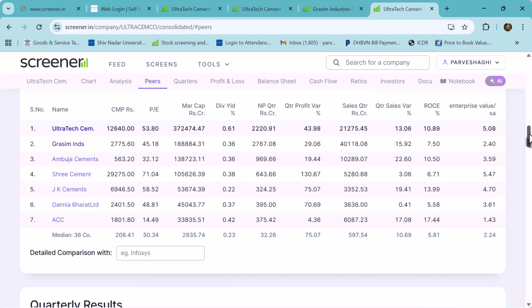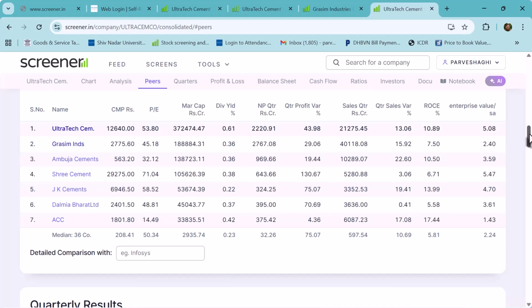It is there because it owns Ultratech. So we'll exclude it from our analysis. Ambuja at 32 is trading cheap compared to the industry, isn't it? Normally, if something is cheaper we should buy it, and something which is costlier we should not touch. Okay, fine. So the plain reading tells this.